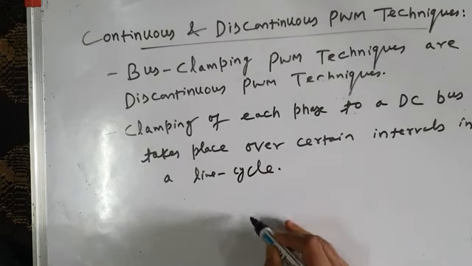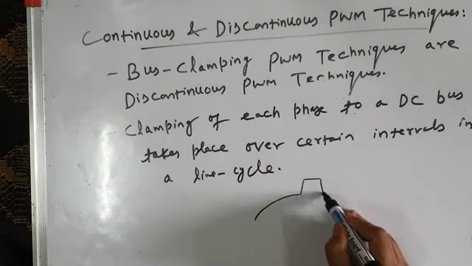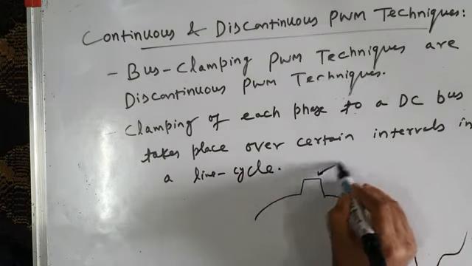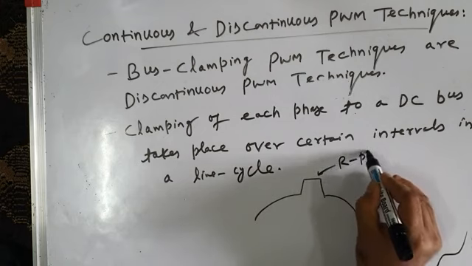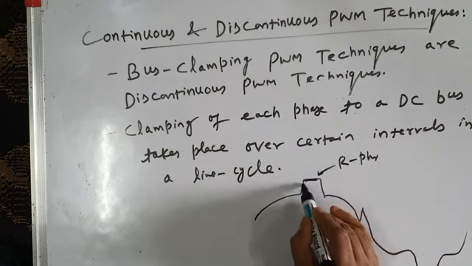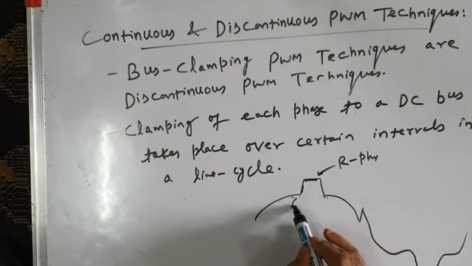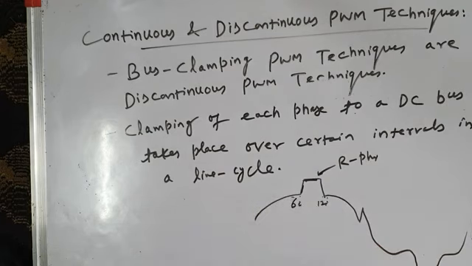For example, let us consider this type of PWM. In this case, the phase leg R phase is clamped to the positive DC bus for 60 degrees, over this period of time. This may be, for example, 60 to 120 degrees.